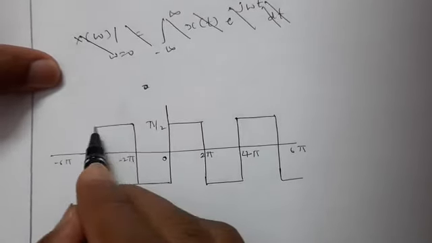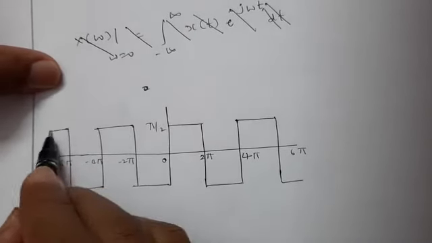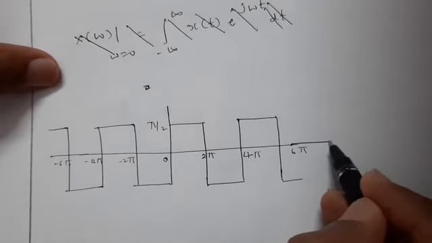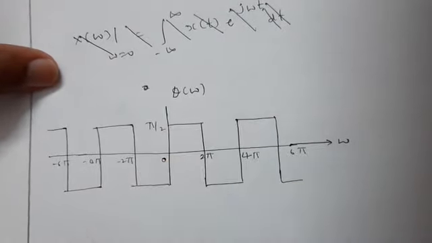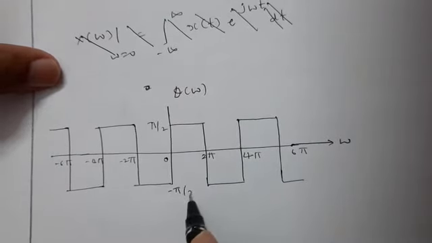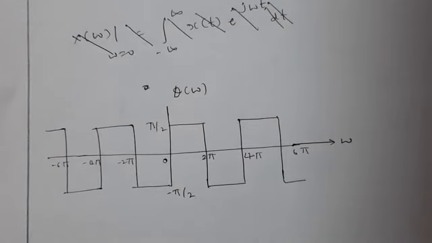So it varies between pi by 2 and minus pi by 2. This is omega, this is theta of omega, from minus pi by 2 to plus pi by 2.